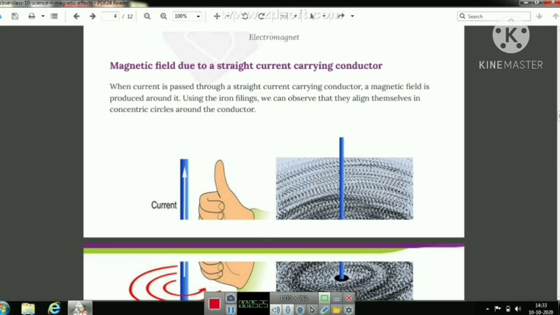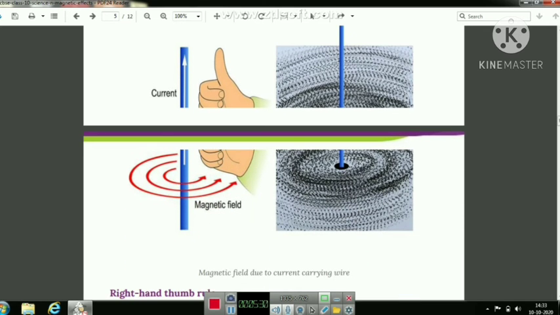If we make one hole in a card sheet, spread iron filings around it, and insert the straight conductor wire through that hole, with one end of the wire connected to the positive end of the battery and the other to the negative end, then when electric current starts flowing through it, the iron filings spread uniformly on the card sheet will get rearranged in the form of magnetic field lines.